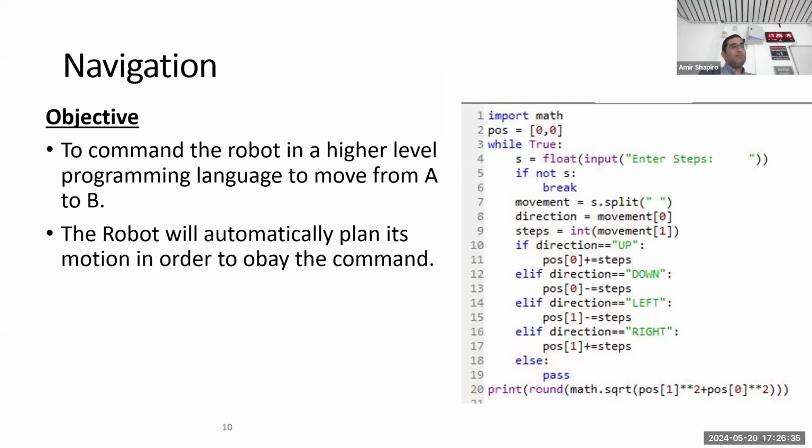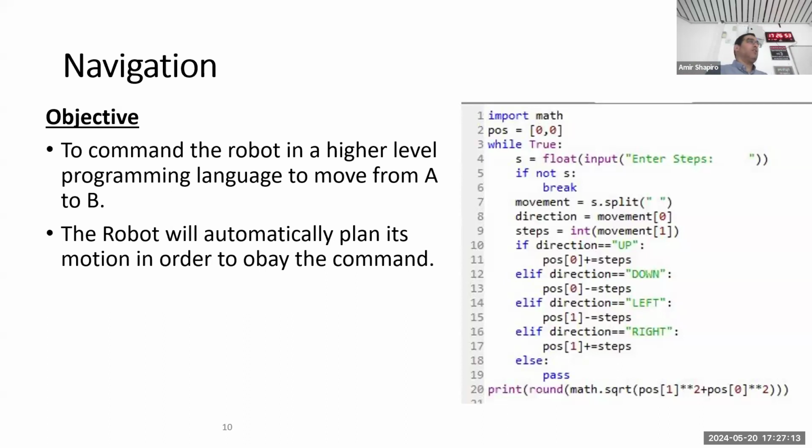When we talk about navigation, the objective is to command the robot in a higher-level programming language like Python or something else, to move from point A to point B, or from start to target. The robot will automatically plan the motion in order to obey the command and follow the path from start to target.